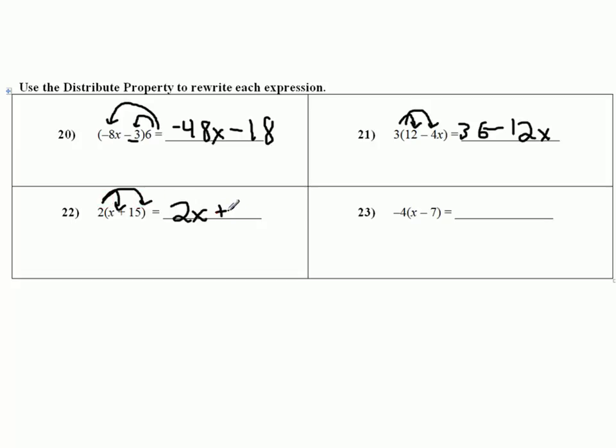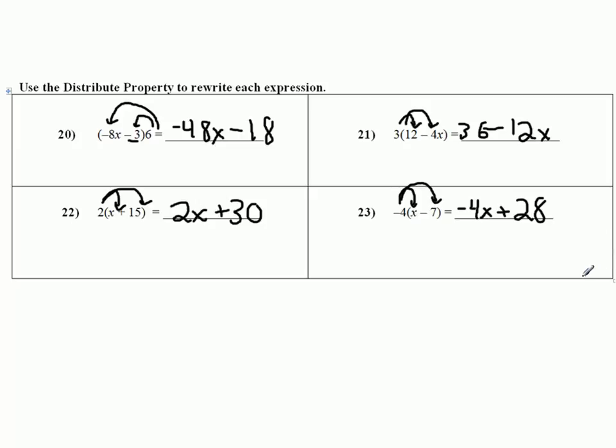You actually get positive 30. And again, that's why I'm going to leave that positive sign there, because it's going to serve as my plus sign. And last but certainly not least, negative 4 times x, negative 4x. And negative 4 times negative 7, same signs, positive. You're going to get a positive 28.